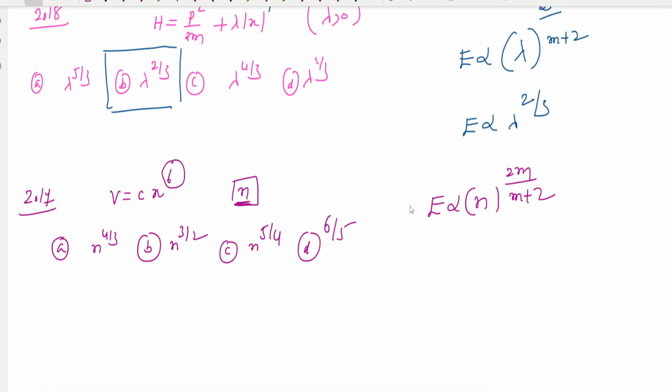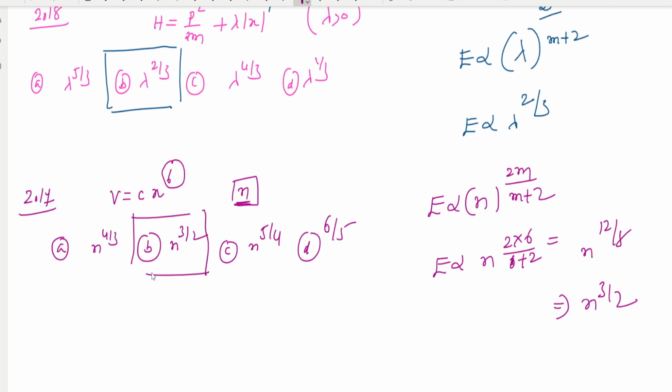This m is 6. So it is proportional to 2 into 6 divided by 6 plus 2, that is n power 12 divided by 8, which is n power 3 divided by 2. So this is the answer. So these are the two shortcuts you can extract from the general solution. So remember this. Next class we will discuss.